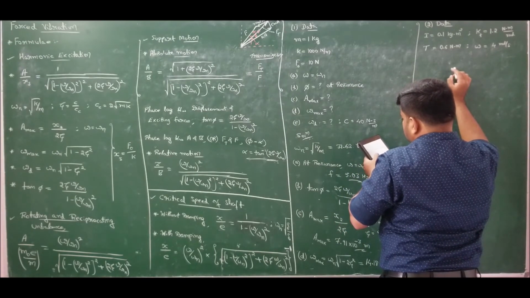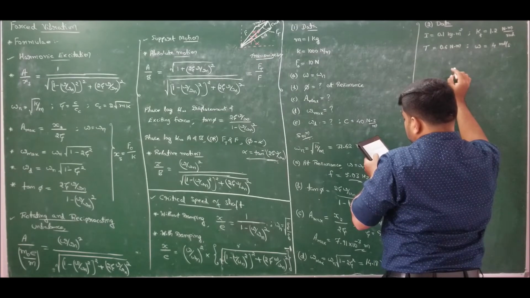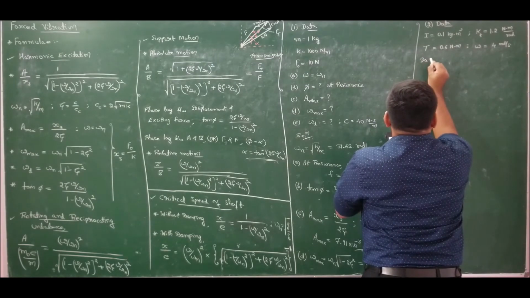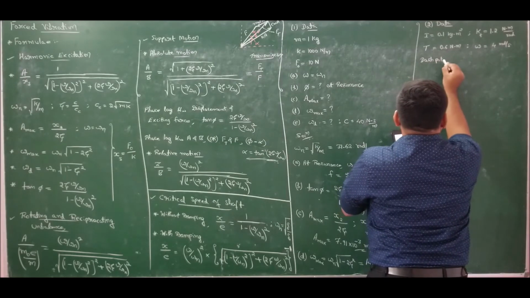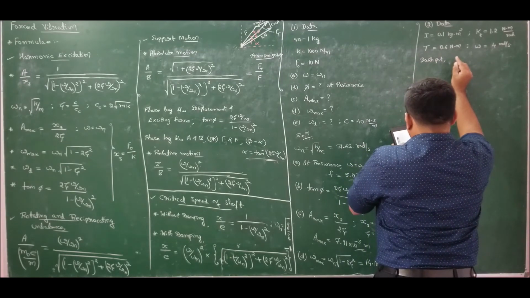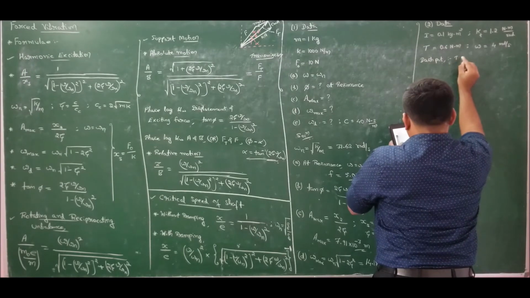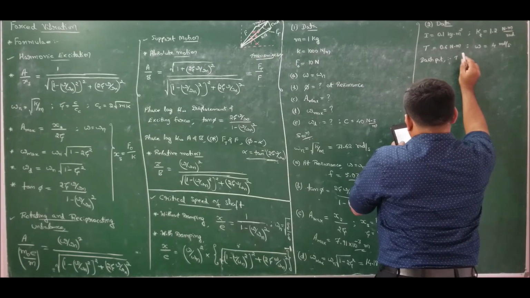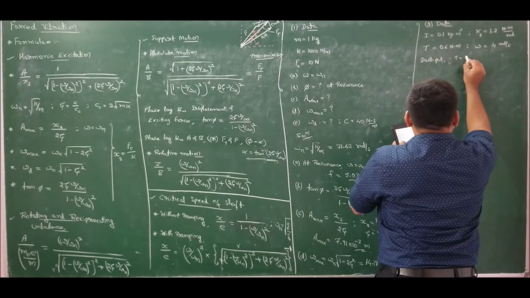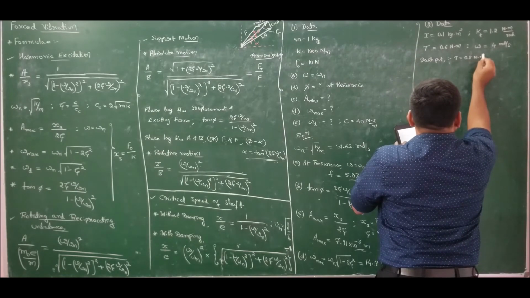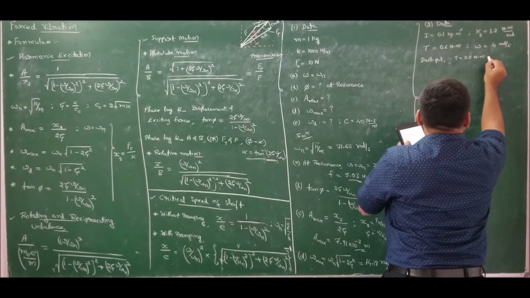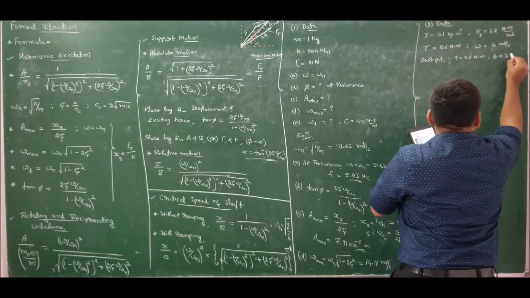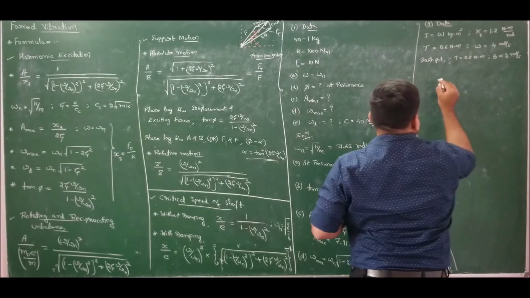A viscous dashpot applies a damping couple of 0.8 Newton meter at an angular velocity, that is theta dot, of 2 radians per second.